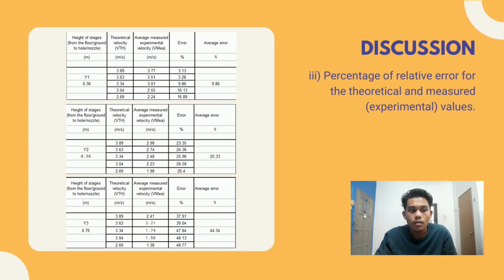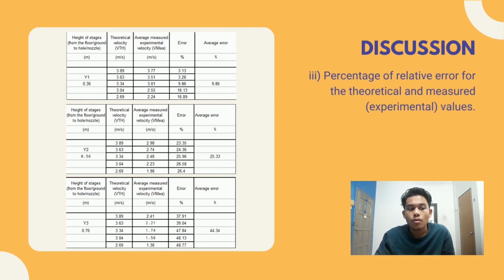To find the error, we can use the formula: the theoretical velocity minus the average measured experimental velocity, divided by the theoretical velocity, and to find the percentage we need to times 100%. For the average error, there are five results. We sum all of the results and then divide it by 5, and then we get the average error.